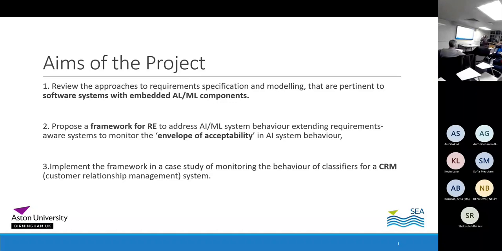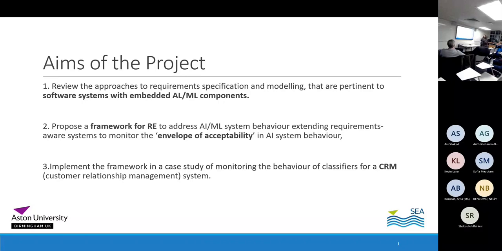To start with this project, we first came up with the idea of selecting the case study, considering a system with AI components, software components having AI modules or classifiers built in.